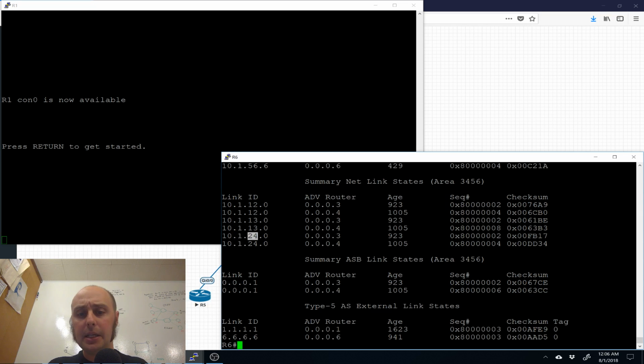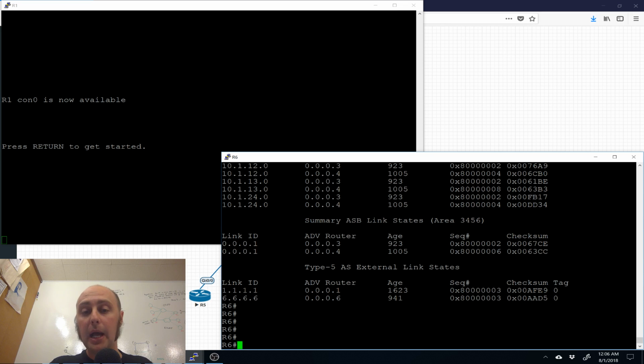One of the last things I wanted to look at was these loopbacks that I redistributed into OSPF. I did it on router 6 only and router 1 only. And that's going to inject LSA type 5s throughout the local area and generate LSA type 4s into the neighboring area.